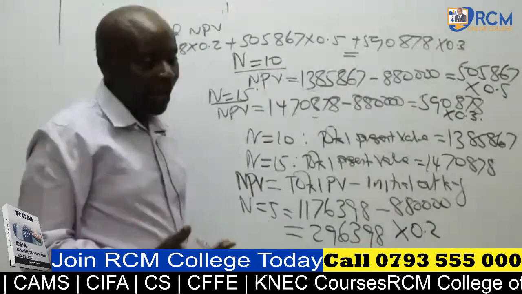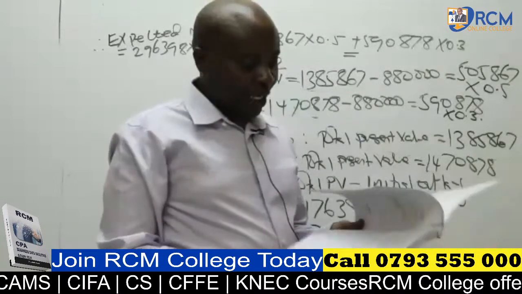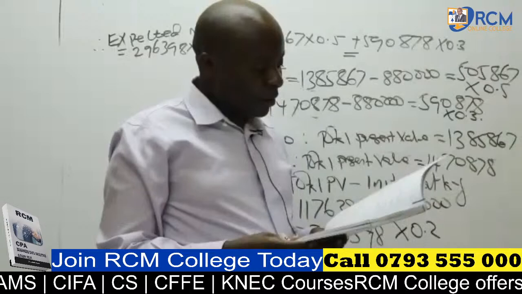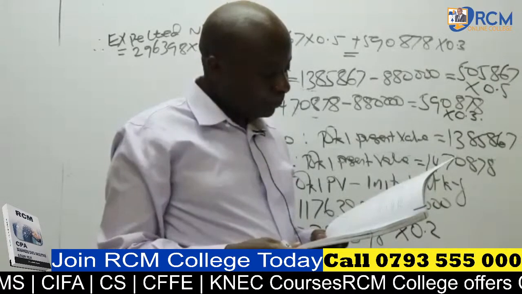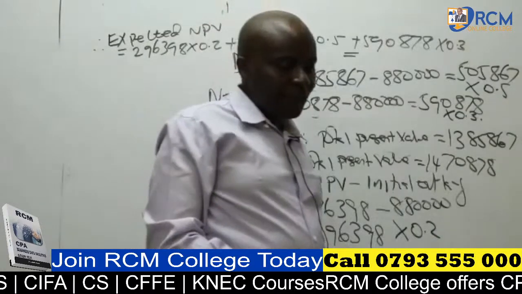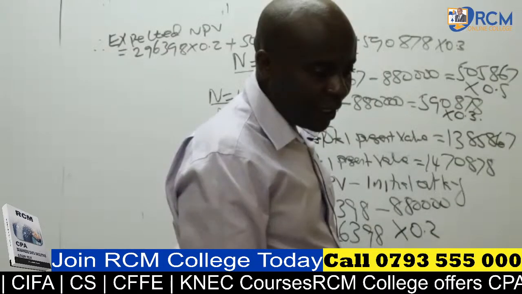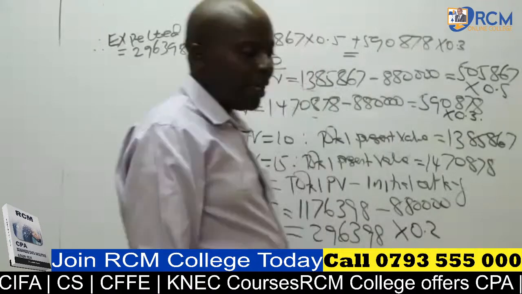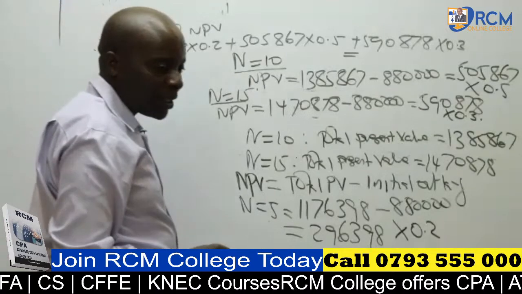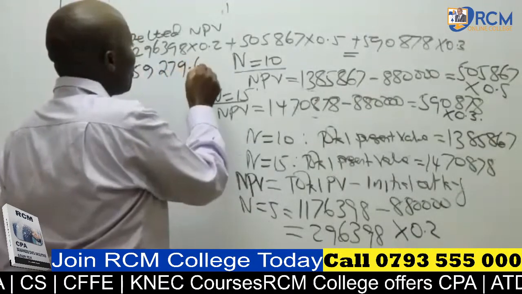Expected net present value. They tell me it is 59,279.59. They tell me, teacher, this is 59,279.6, like that.